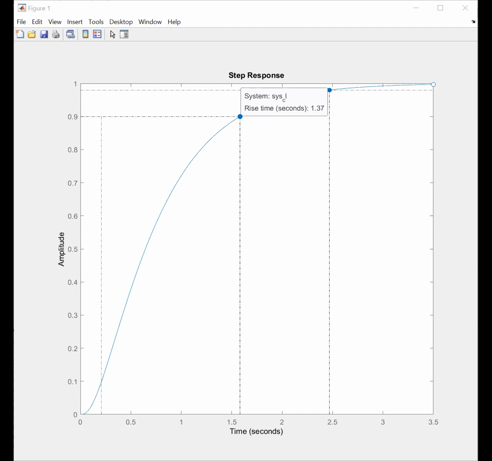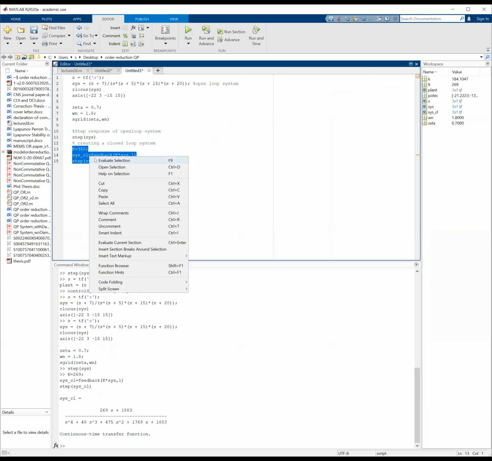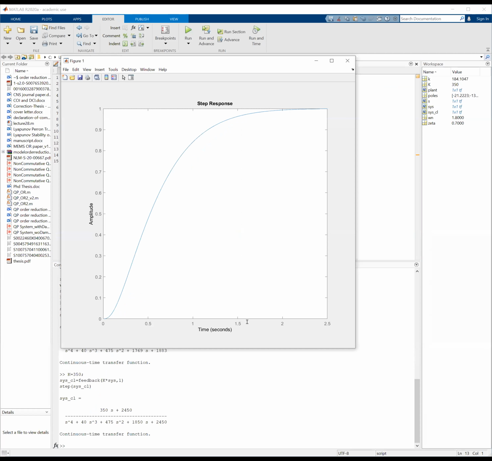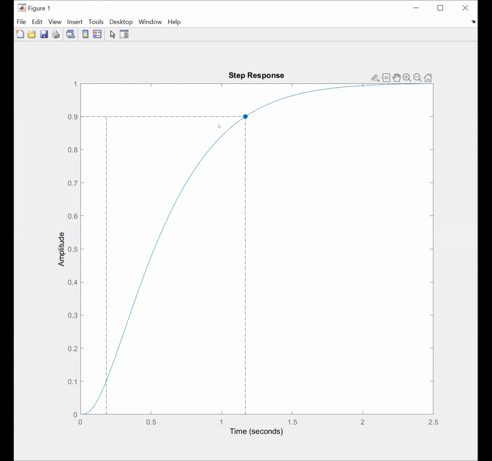Let's go back to the Matlab. And I'm going to change the value of gain to be 350. And then evaluate selection. Then share my screen. And then if you right click, add the characteristics, you say rise time.